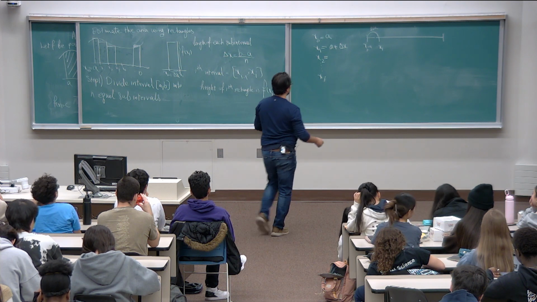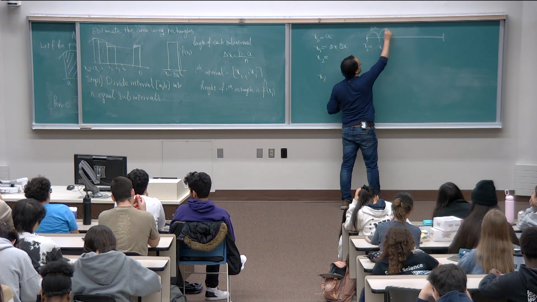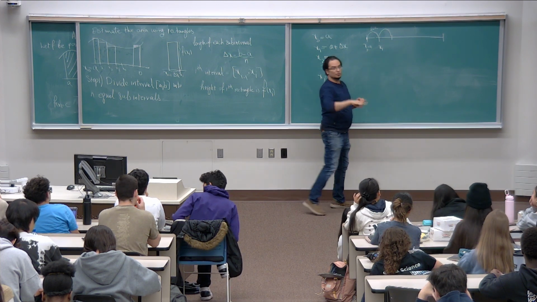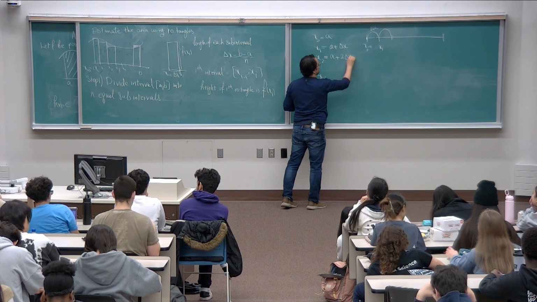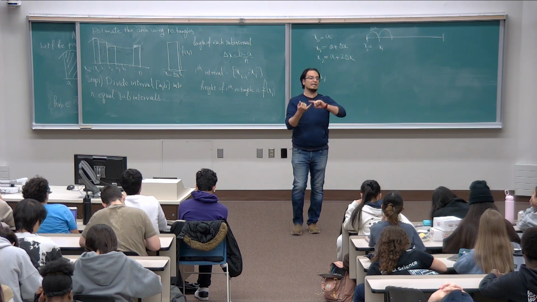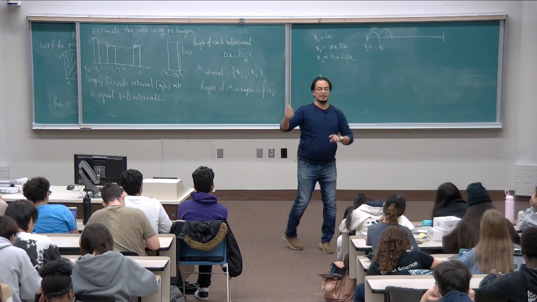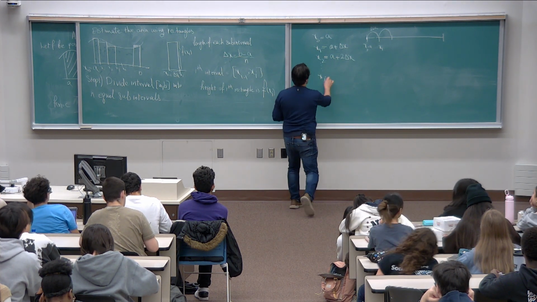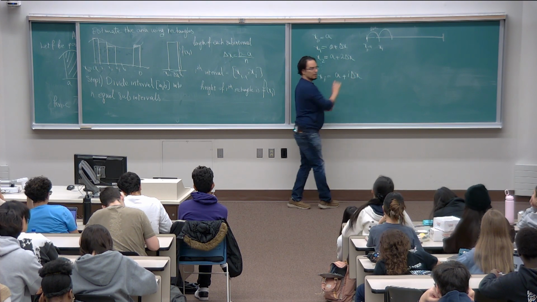Now, for x2, you again start from a, but you need 2 subintervals, 2 delta x. So this will be a plus 2 delta x. For x3, starting again from a, how many delta x's? 3. For xi, I will need a plus i delta x.